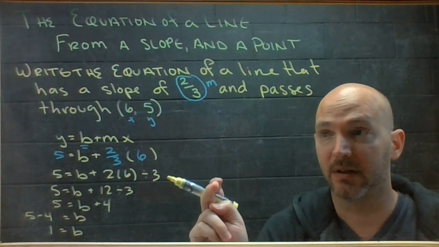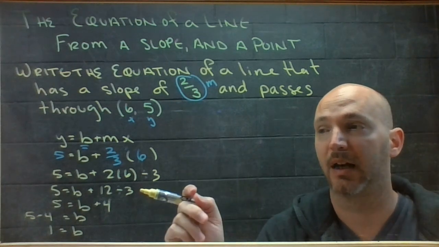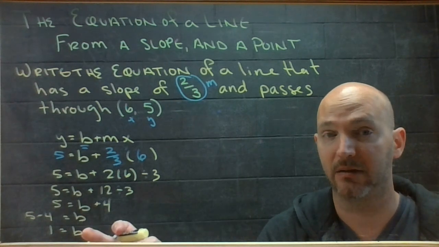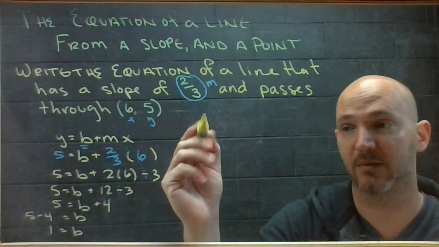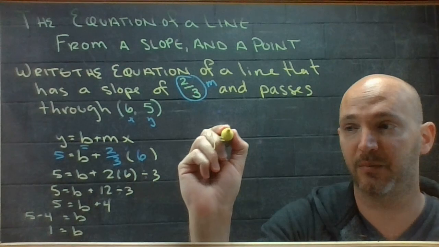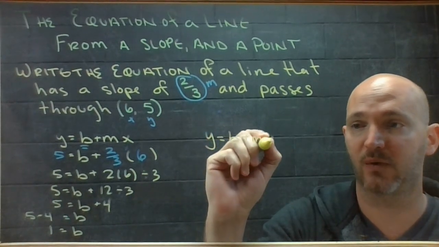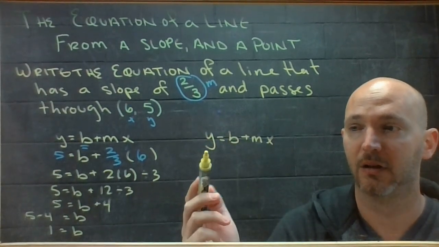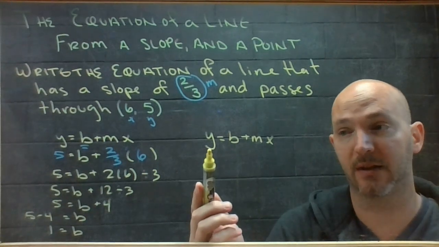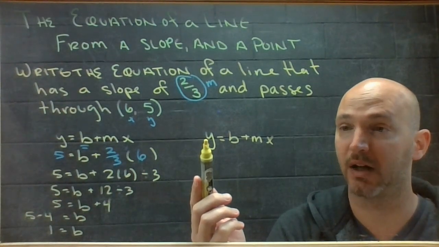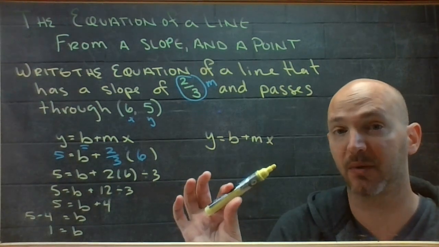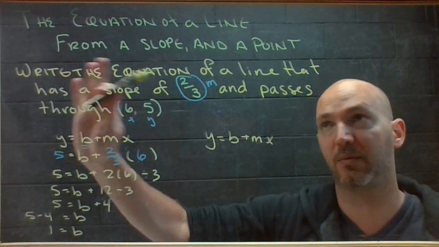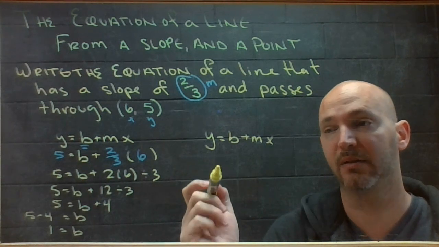So I was given an m, and I calculated a b, and I'm trying to put it into this format here, this y equals b plus mx form. In this format, there's not a number here. It's always a y, and there's not a number here, because we aren't picking specific points, we're saying all the points that satisfy this equation.